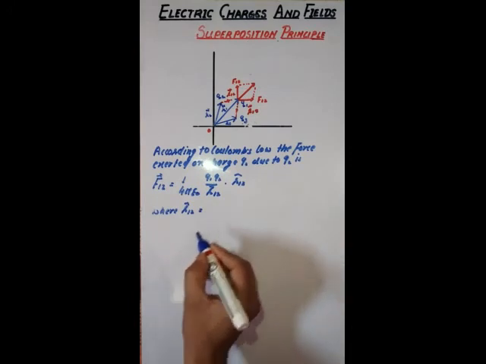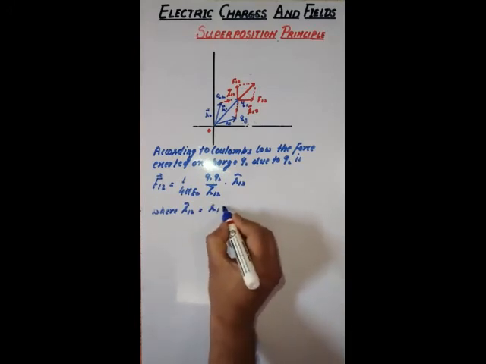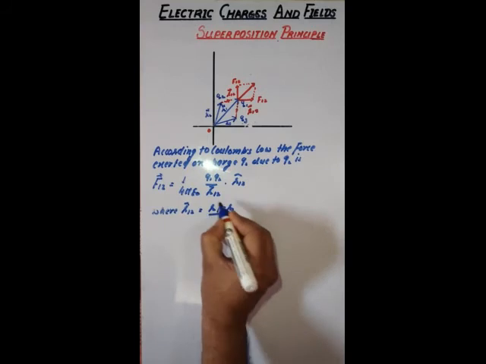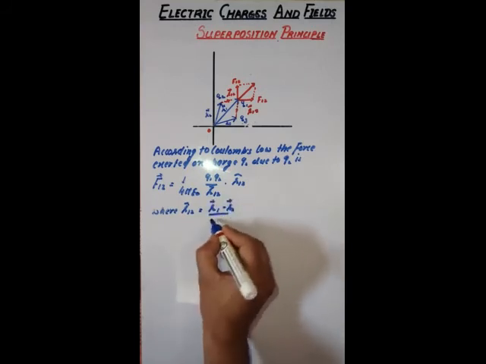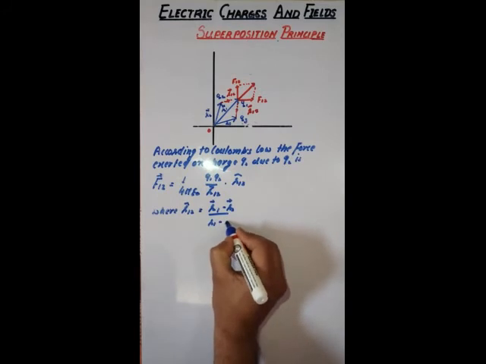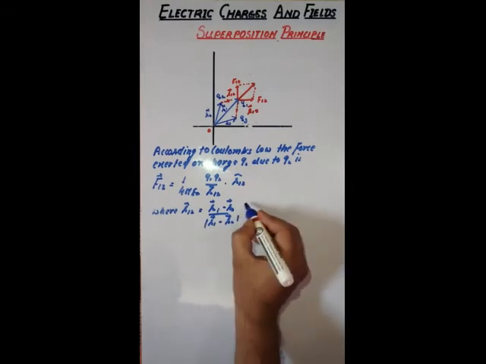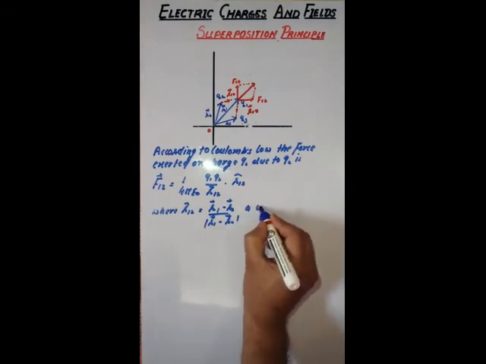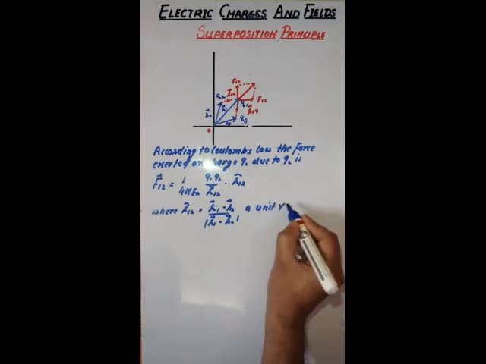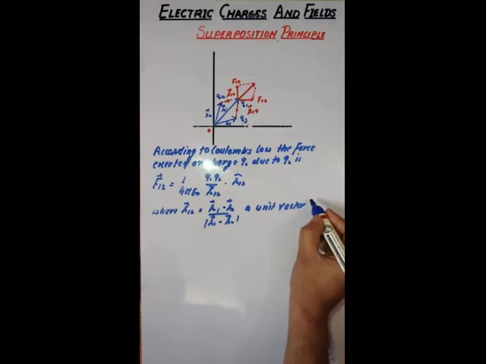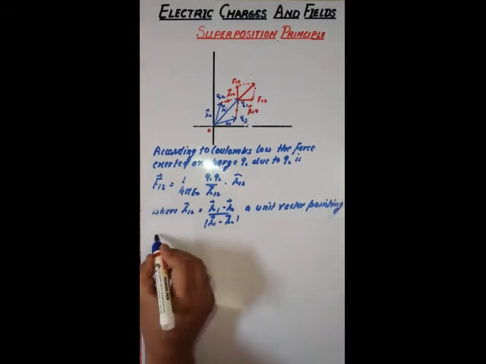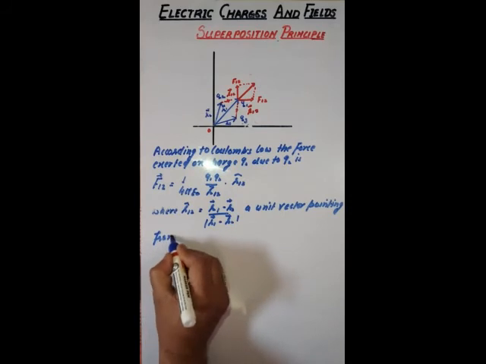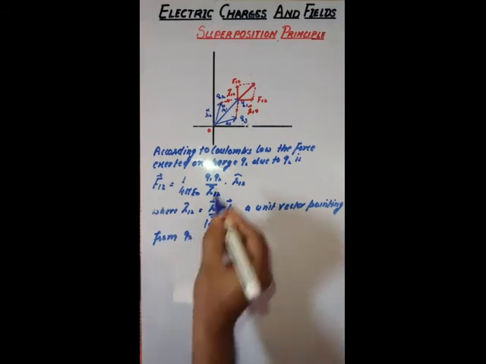R12 equals R1 subtracted by R2, vector sign, R1 minus R2 the mod. It is a unit vector pointing from Q2 to Q1.